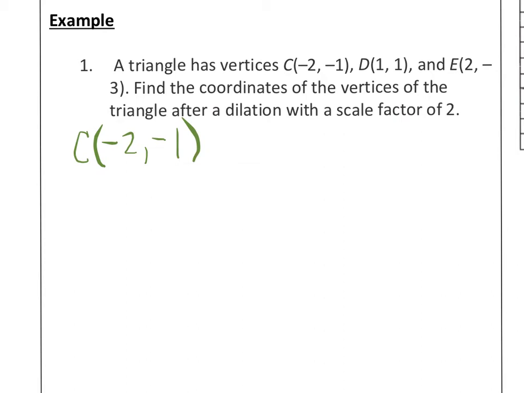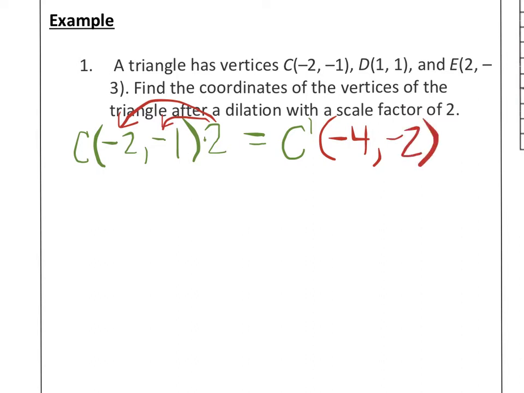So we're going to multiply both of these by 2. So the new C coordinate will be, if I do 2 times -2, I get -4. And then if I do 2 times -1, I get -2. So the new C prime will be -4, -2.